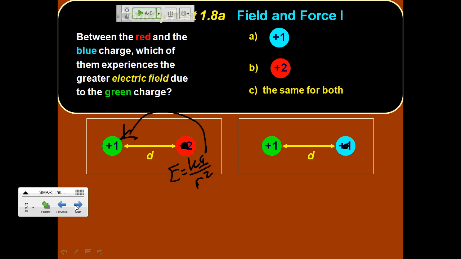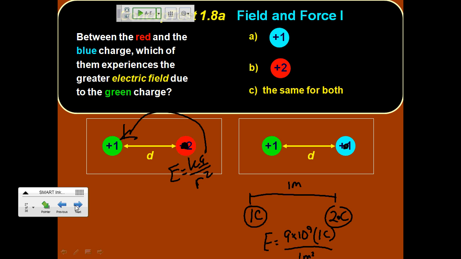Right. Well, let's say that I had a 1 Coulomb charge here and a 2 Coulomb charge here. That's what you're asking? Yeah. And they're separated by 1 meter or whatever. And if I wanted to find the electric field over here, right at that 2 Coulomb charge, I would say E is equal to K, which is 9 times 10 to the 9, times 1 Coulomb divided by 1 meter squared.